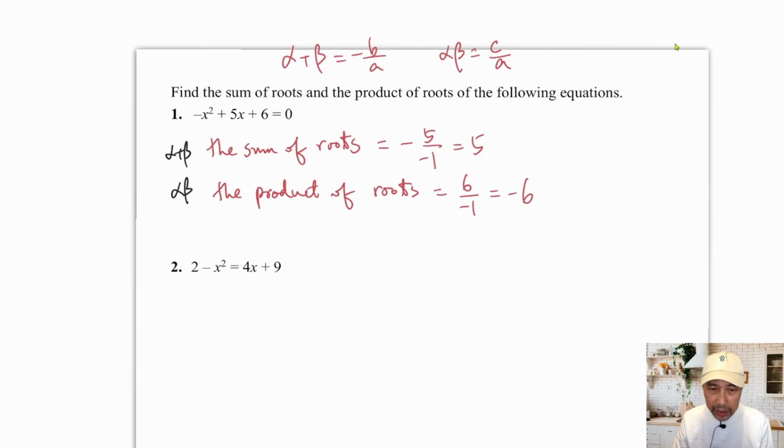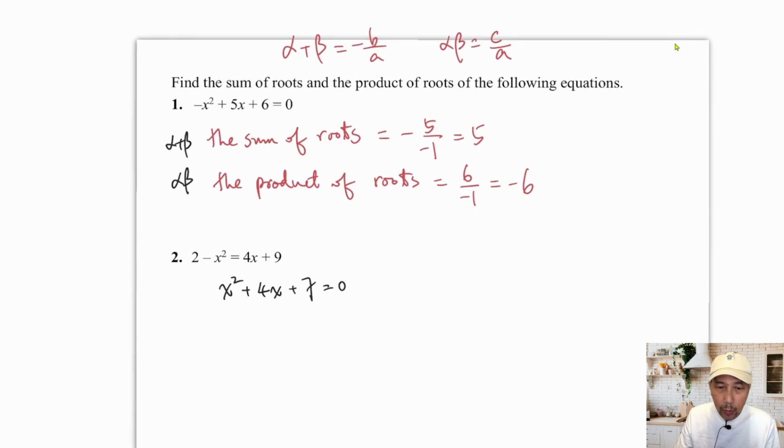Okay, second question, 2 minus x squared is equal to 4x plus 9. We need to rearrange the equation, so we have a, b, c. Okay, so move everything to the right hand side: x squared plus 4x plus 7 is 0.